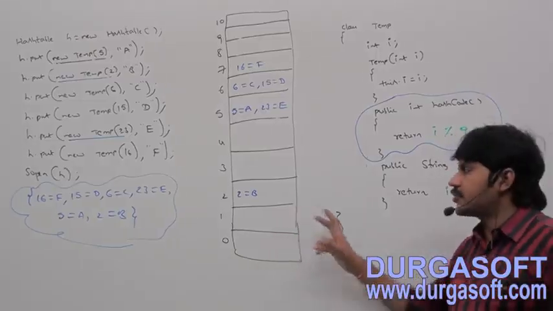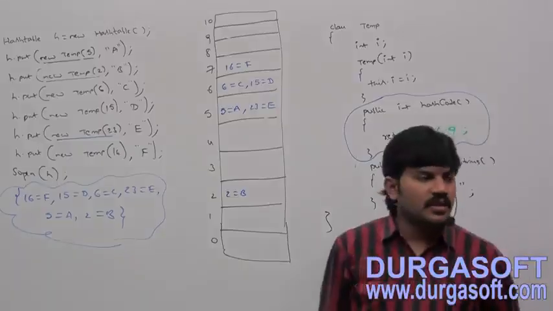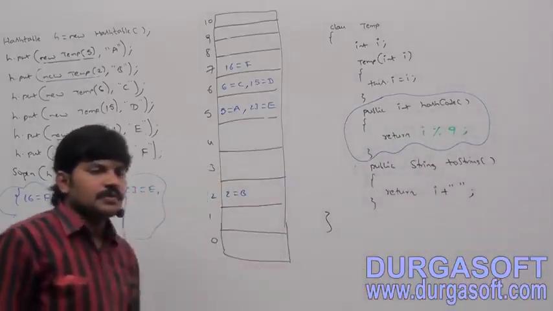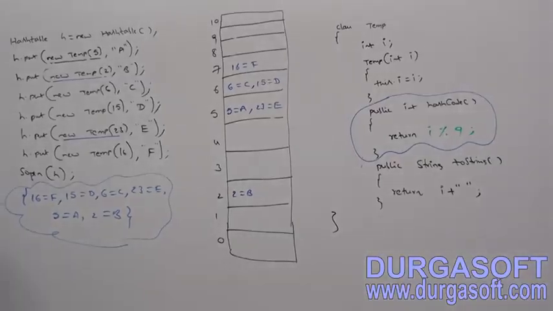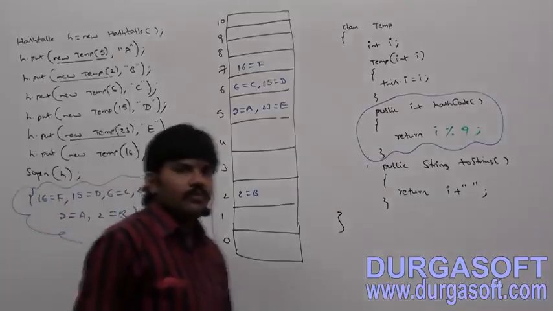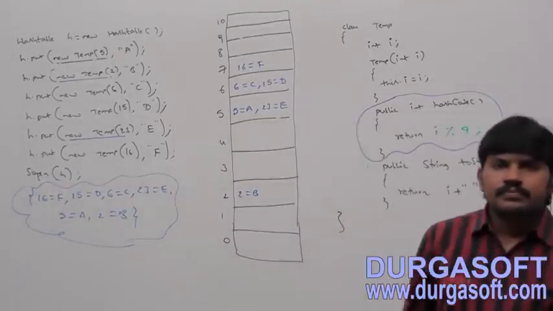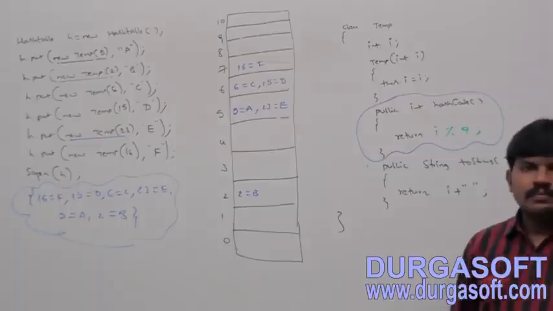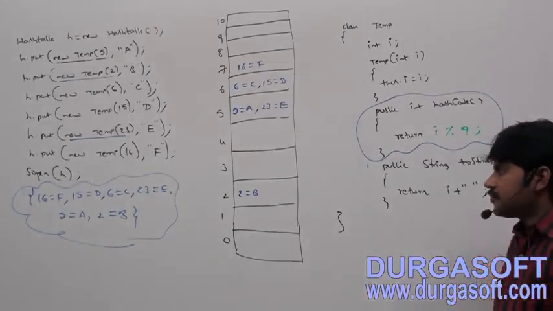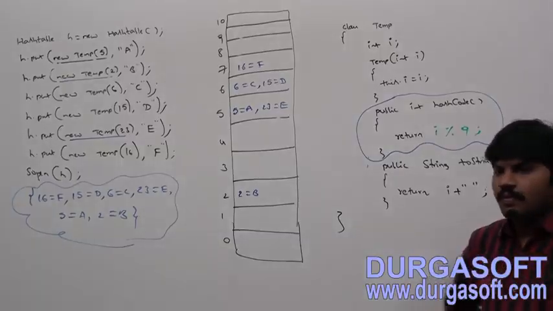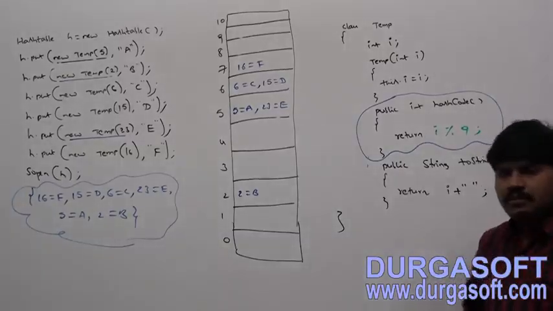If there is a change in the hash code formula, obviously there is a change in our output. Completed, right?